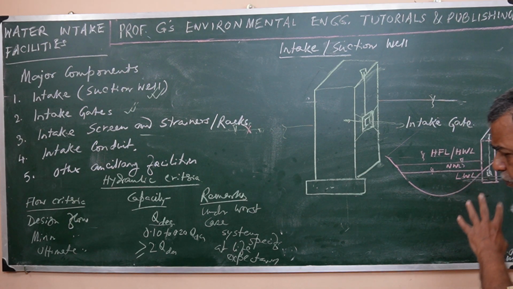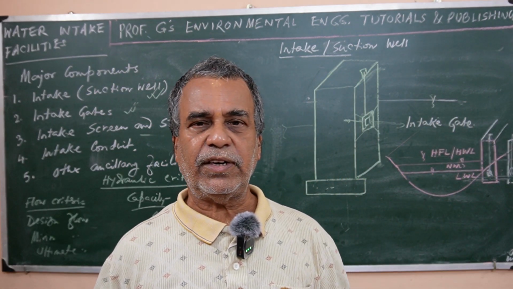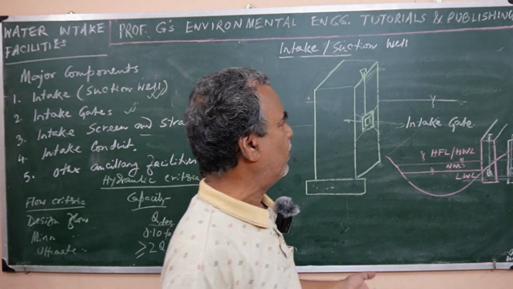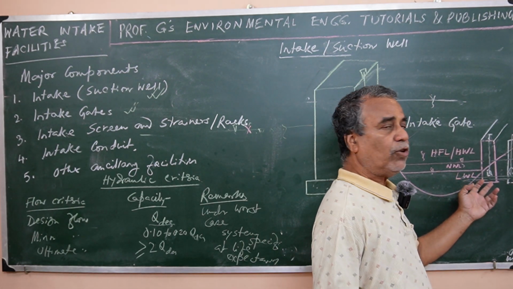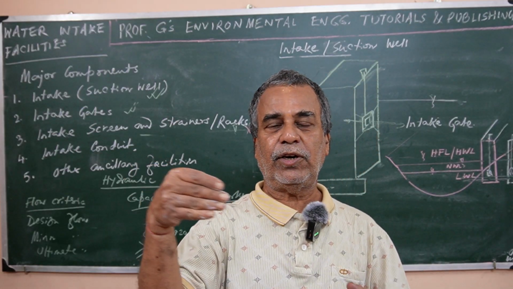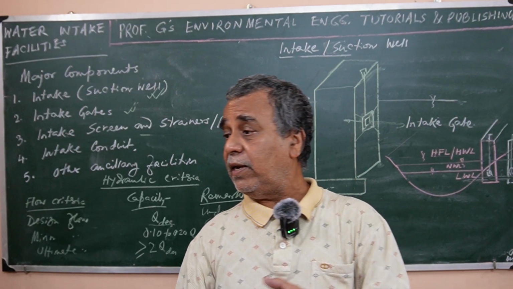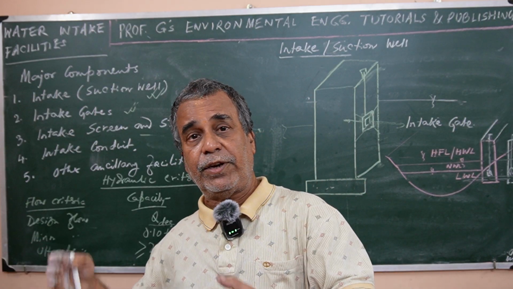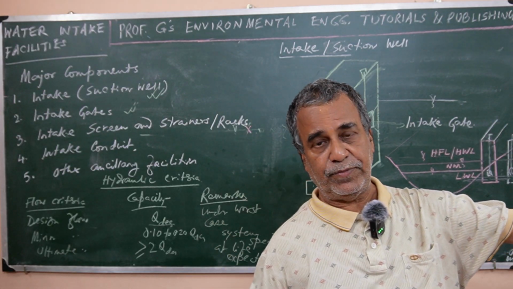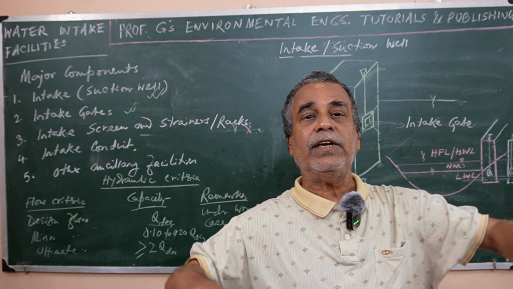So through this very simple, very illustrative sketch, line diagram, what I am trying to explain is that the intake may be right on the bank, in which case the water comes and enters the intake well directly, or it may be a little away from the river, and the intake works or intake well is connected to the river by an intake conduit.